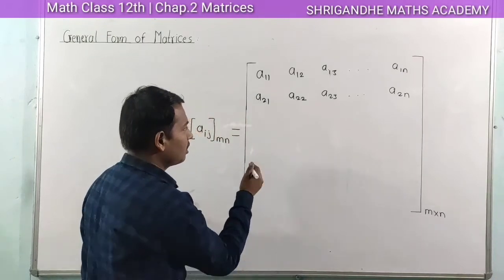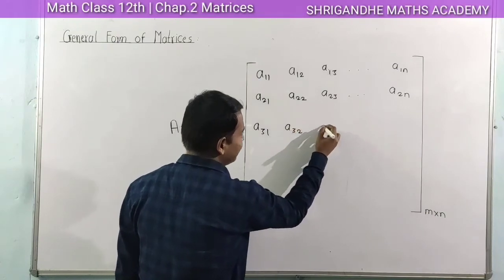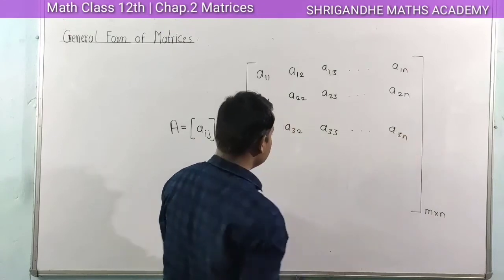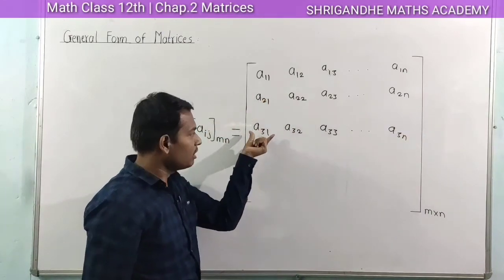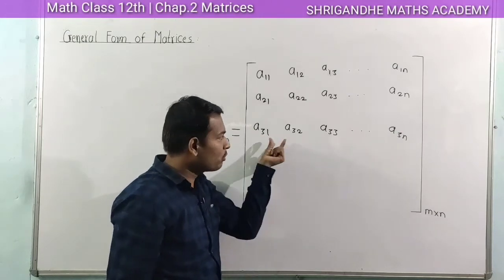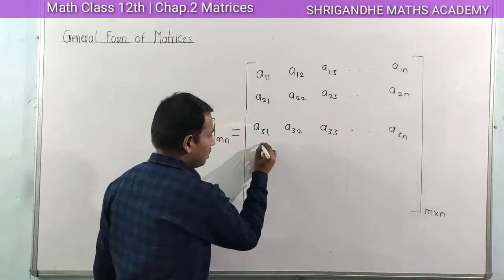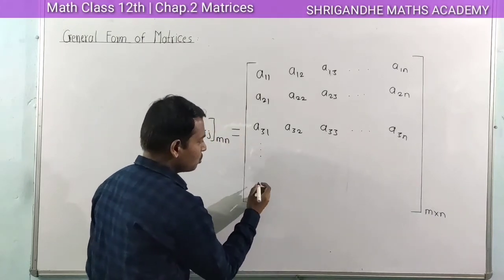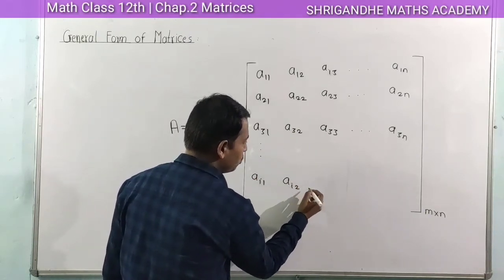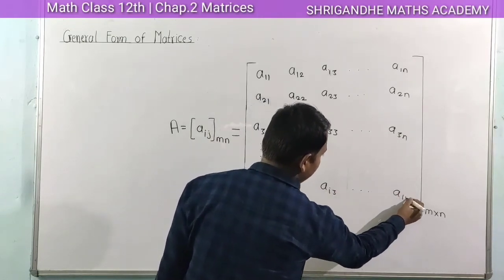Clear? Similarly, for the third row: A31, A32, A33 and so on up to A3n, similar to the above. For the third row, i is equal to 3 and the column changes, therefore we change the numbers 1, 2, 3 up to n. Now the ith row is Ai1, Ai2, Ai3 and so on up to Ain.